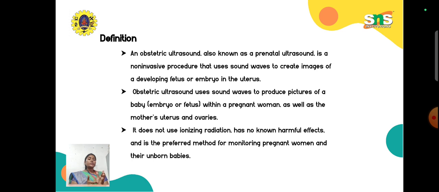The principle is that it passes sound waves with the help of a probe. Inside it you have a piezoelectric crystal, which produces frequencies in the range of sound. These sound waves go inside to the targeted area, which is the uterus, where you have your fetus.